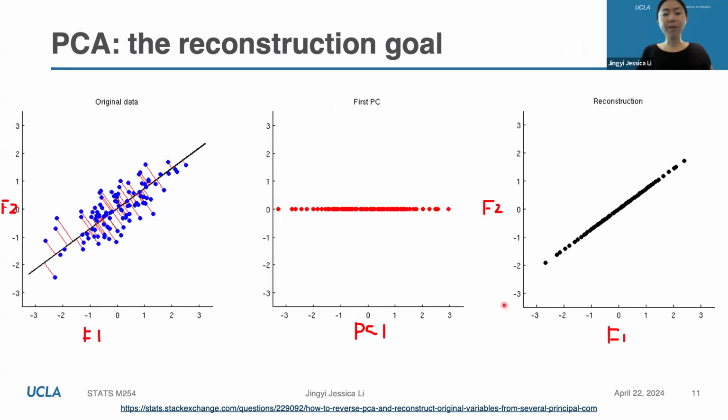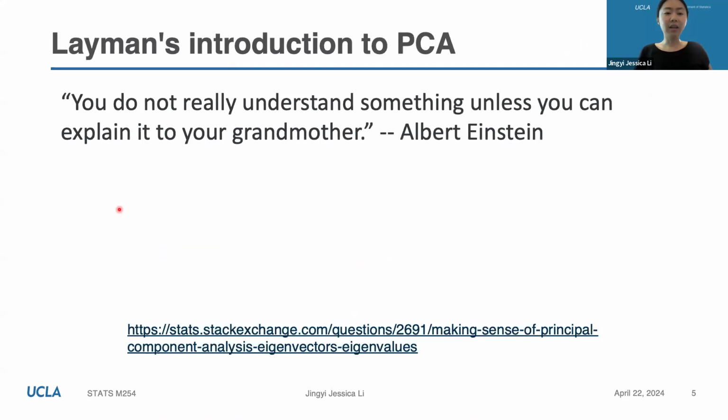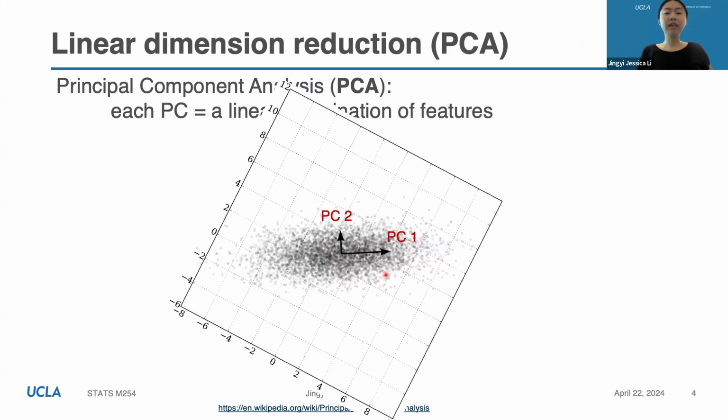So if we keep both PC1 and PC2, then we have perfect reconstruction, which is exactly here. In this case, when we use PC1 and PC2, we didn't lose any information. We keep the whole data set.